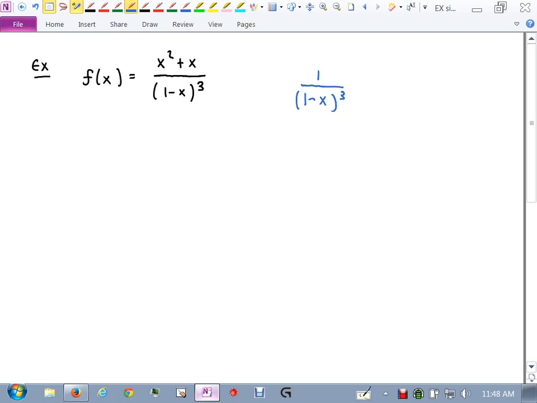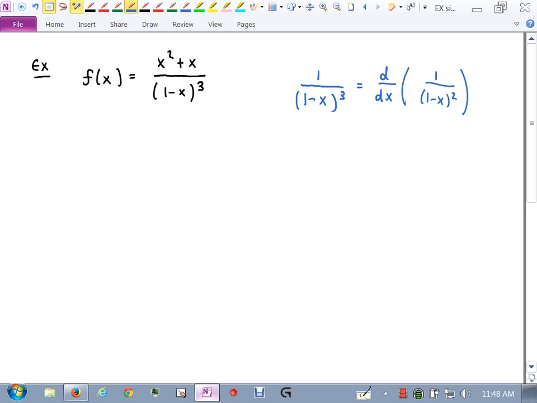Guess what? 1 over 1 minus x cubed is the derivative of 1 over 1 minus x squared. You could check it yourself. Take the derivative of 1 over 1 minus x squared, and you will get 1 over 1 minus x cubed. I'm going to need that, and the problem we did earlier, to finish this problem.